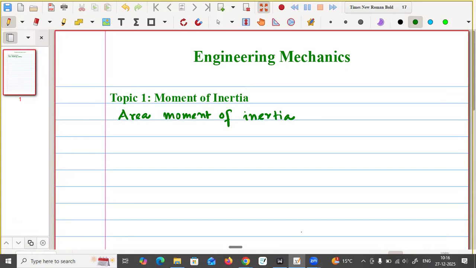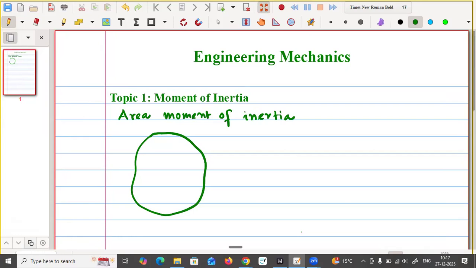Next point is what is area moment of inertia? Basically, if you have any general area, then we have different situations with different force and load conditions.